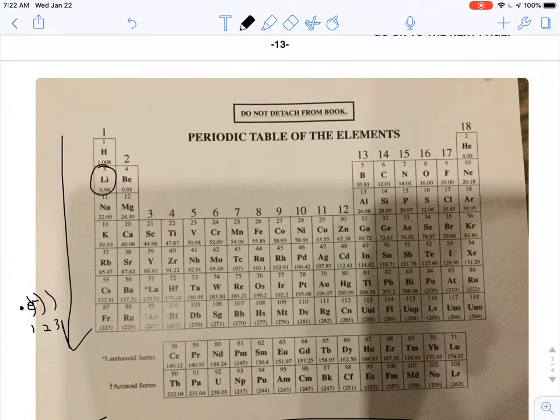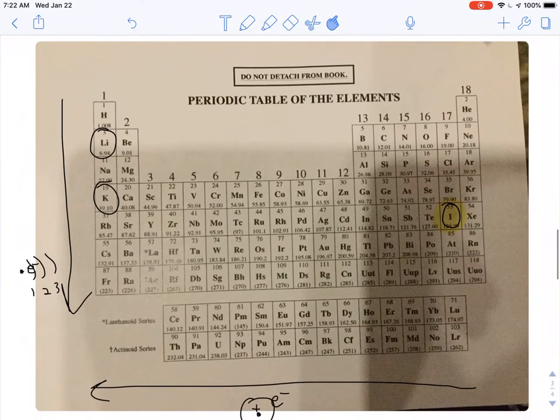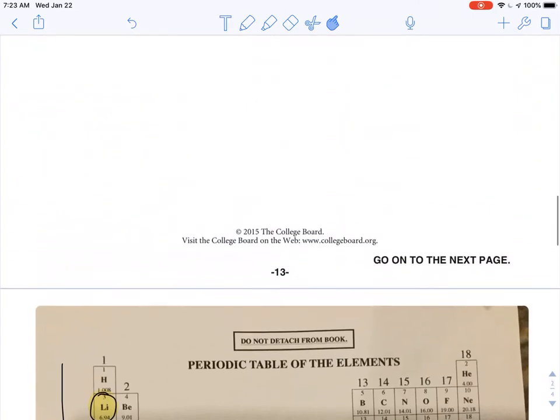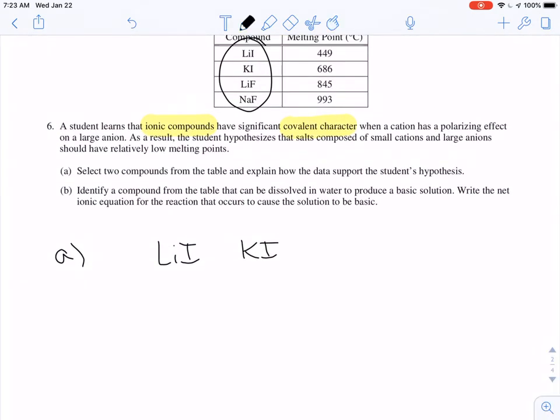Here we have lithium and potassium, and then iodine. And iodine is in both compounds, so we can kind of ignore that for now. But as we can see, lithium is higher than potassium, and therefore lithium has a smaller atomic radius than potassium. And so we can say potassium has a greater radius than lithium.